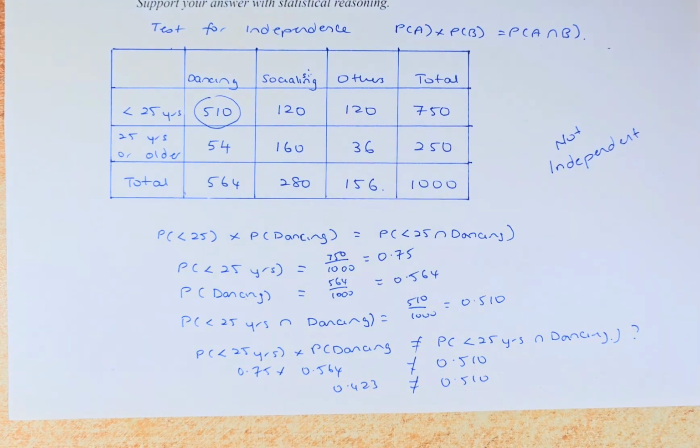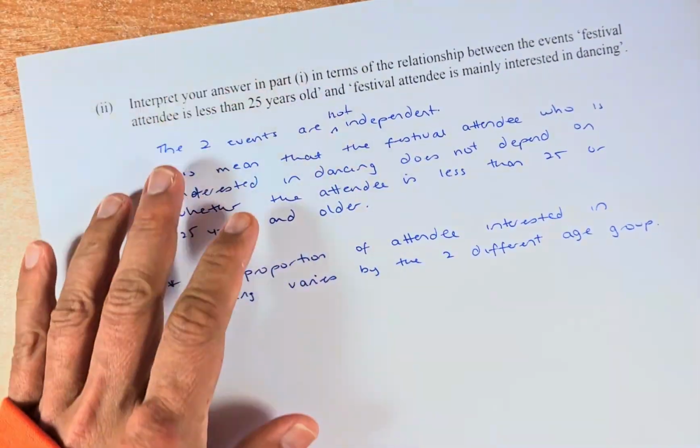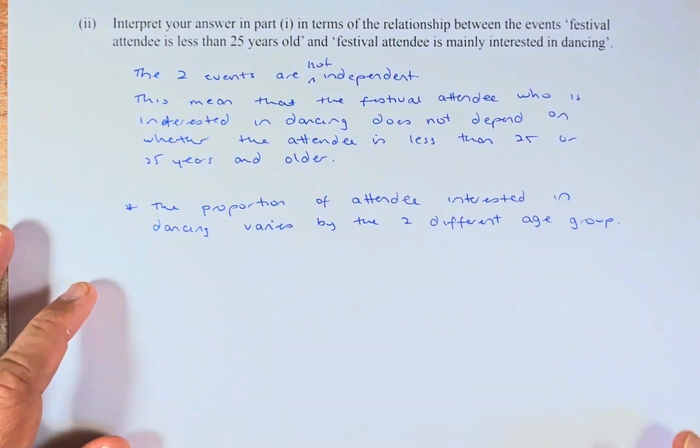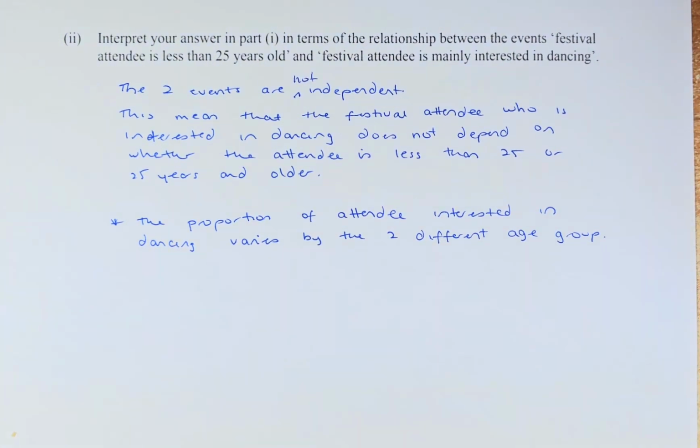Now we are going to do part 2 of the same question, question 3C part 2. We're going to bring it up a bit. We interpret our answer in part 1 in terms of the relationship between the event festival attendee less than 25 and festival attendee mainly interested in dancing. So the two events are not independent.